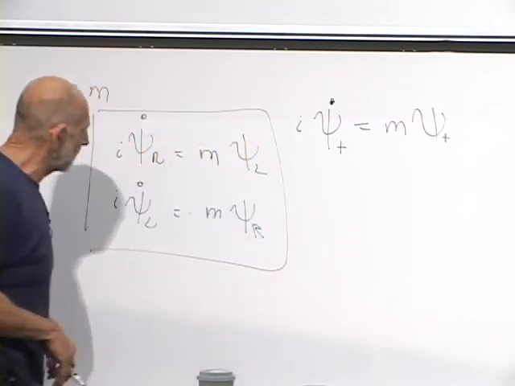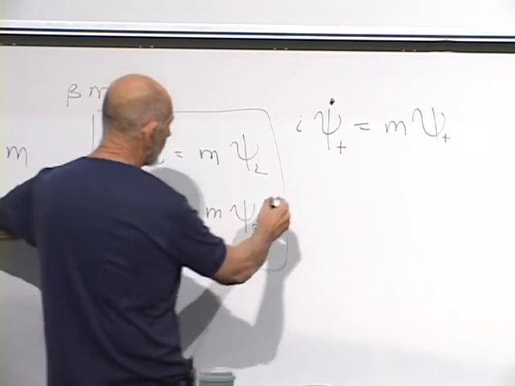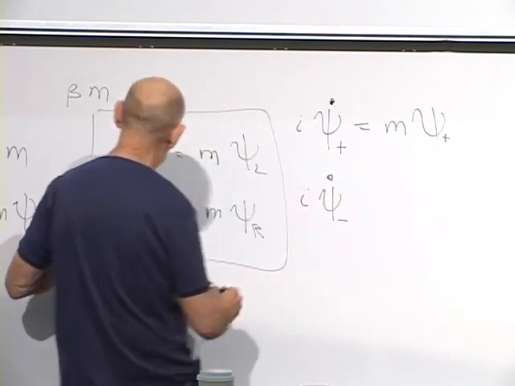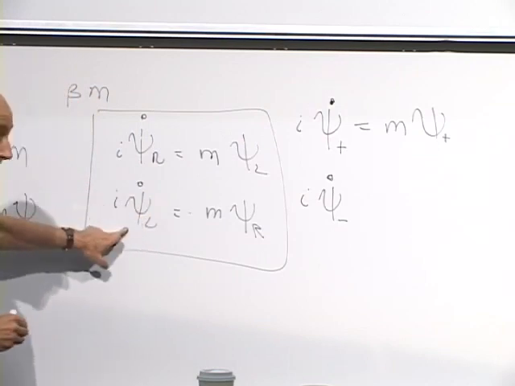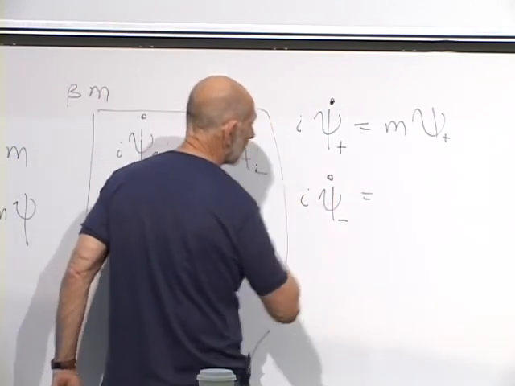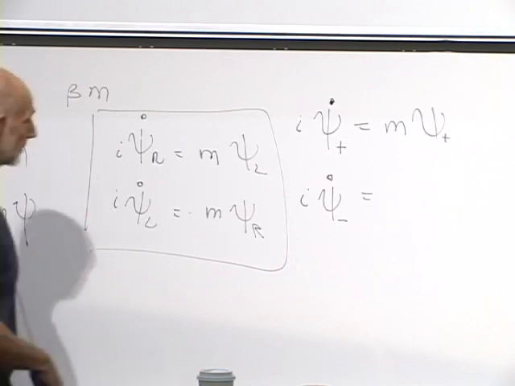And what about the other possibility? Let's subtract them. When we subtract them, we get I psi minus dot. Psi minus is psi right minus psi left. And what do we get on the right-hand side? Minus m psi minus.